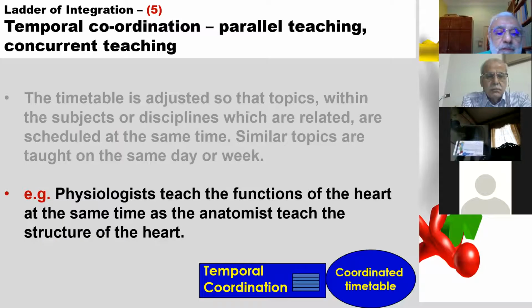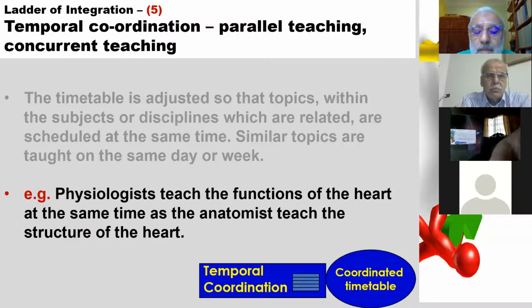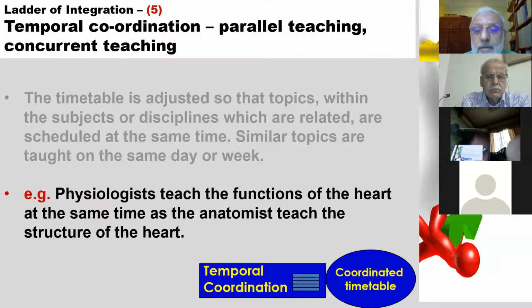For example, physiologists teach the function of the heart at the same time when anatomists are teaching the structure of the heart. So there is some coordination, some integration between the disciplines. So when they prepare the timetable, they consult each other and start on similar areas.